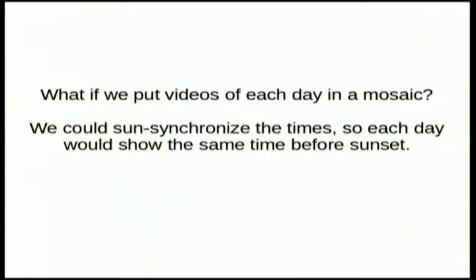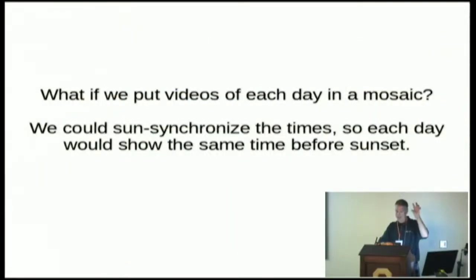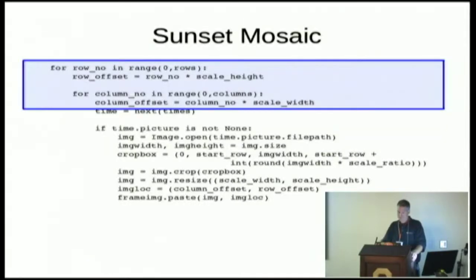What if we put videos of each day into a mosaic? Sun synchronized the time so we can actually see sunset at exactly the same time per day, but instead of each pixel being a day, we're going to have a group of images, only smaller. So we're going to represent 400 days in a single image.